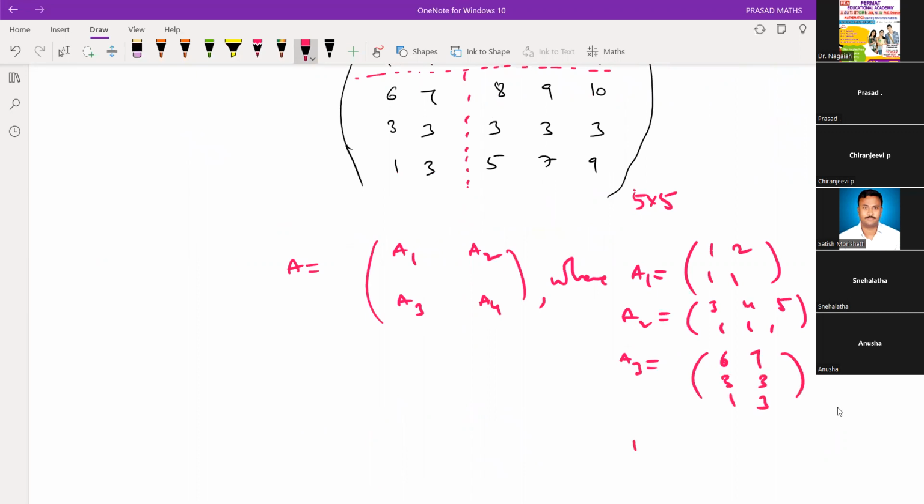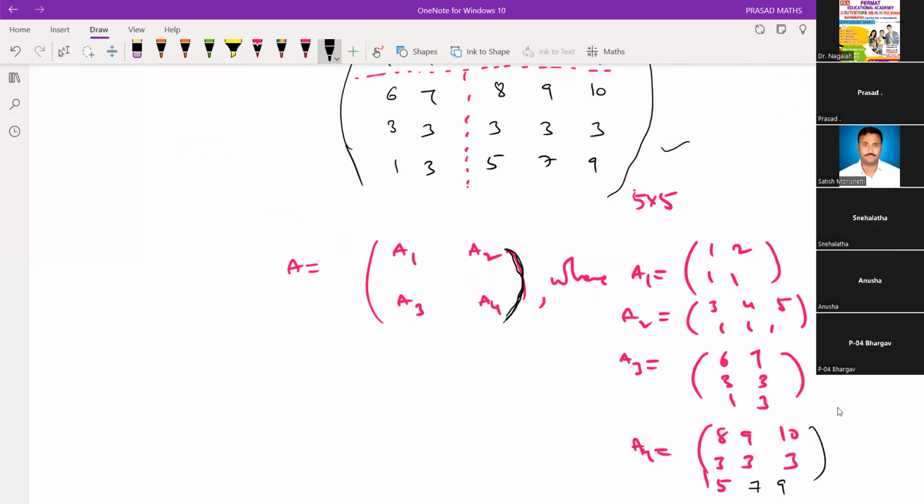A4 is nothing but 8, 9, 10, 3, 3, 3, 5, 5, 5, 7, 9. So the original matrix is a 5 by 5 matrix, but what is the order of the block matrix? 2 by 2.